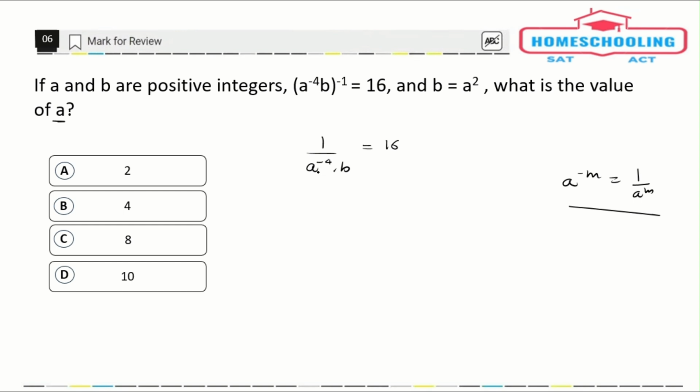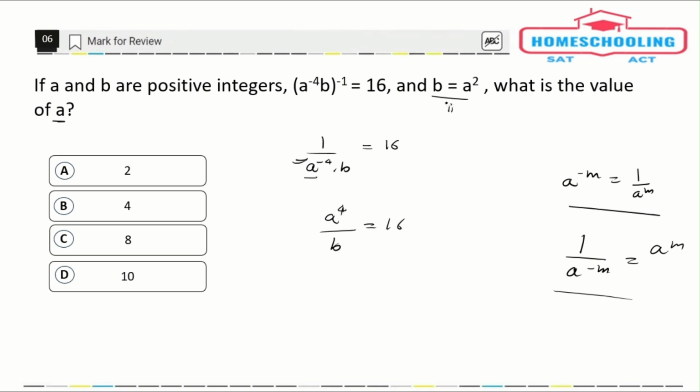From the same negative exponent rule, a to the power minus m is equal to 1 by a to the power m, so we will use this rule here. If it is in the denominator and you take it to the numerator, the sign will get reversed. So a to the power 4 divided by b is equal to 16.